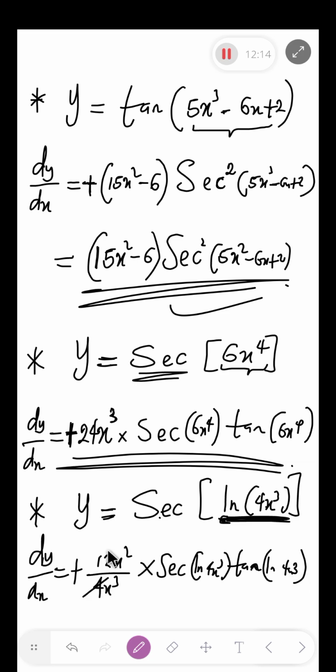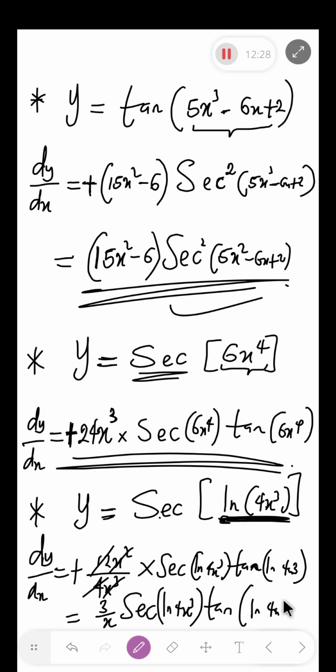So if 4 cancels this and this cancels this, I'll be left with 3 over x of what? Sec of ln 4x cubed, then tan of what? Ln of 4x cubed. So that's just how it works in this case. You just need to take note of the pattern. That's all.